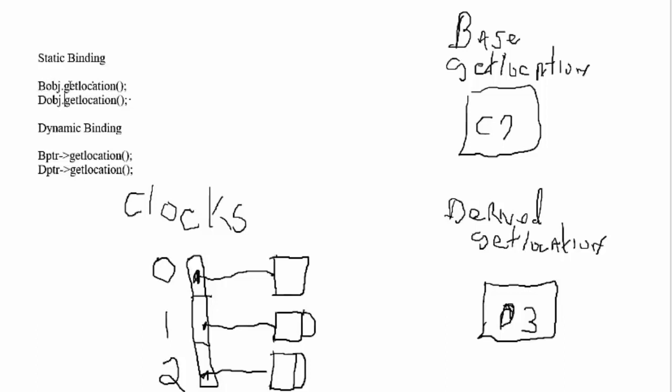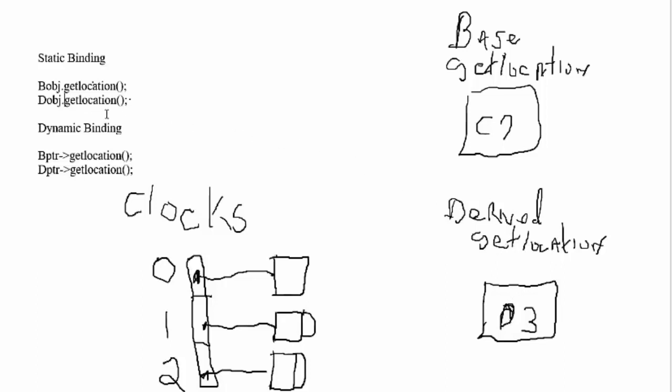So it basically would say, and I'm just giving an example, jump to memory location C7 and start to execute that code for the base class getLocation, or jump to memory location D3 and start to execute those instructions for the getLocation for the derived class.